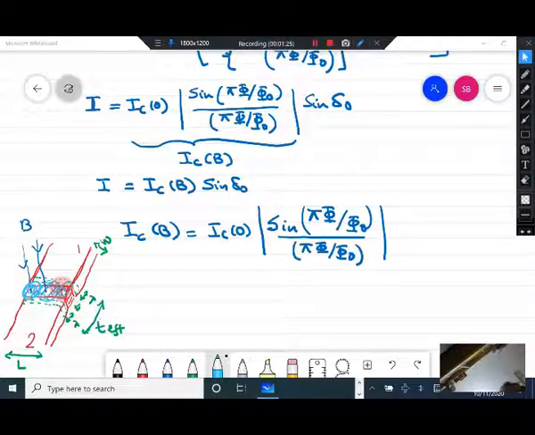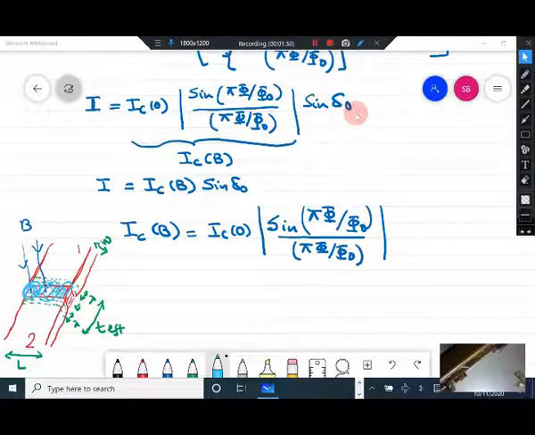Basically, these are called Josephson vortices, and you can write the current present in this Josephson junction as I_C0, the zero magnetic field critical current, times sine(pi phi by phi naught) divided by (pi phi by phi naught), where phi is the magnetic flux enclosed within the junction, okay, and phi naught is the flux quantum, into sine of delta naught.